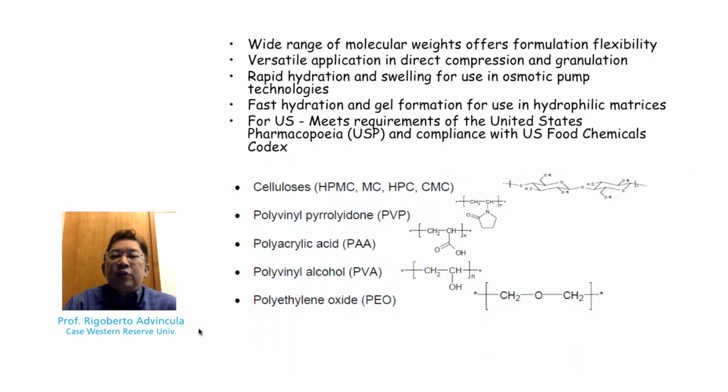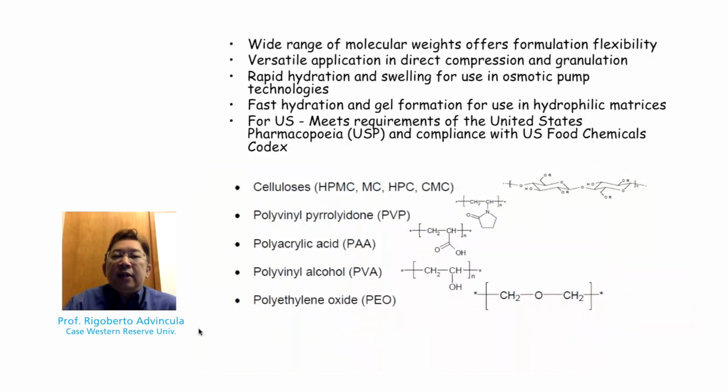polyethylene oxide. And as you can guess, these polymers have to meet the drug pharmacopoeia and comply with US FDA regulations, and of course, have to have been used and vetted in the right formulated form.